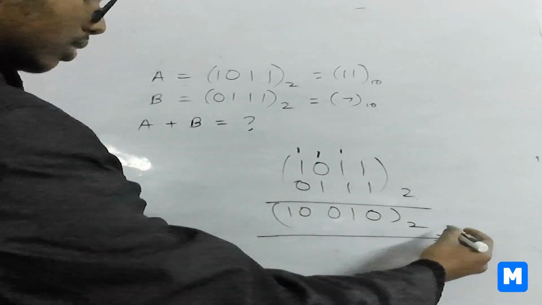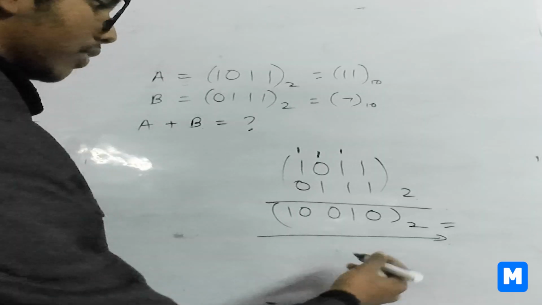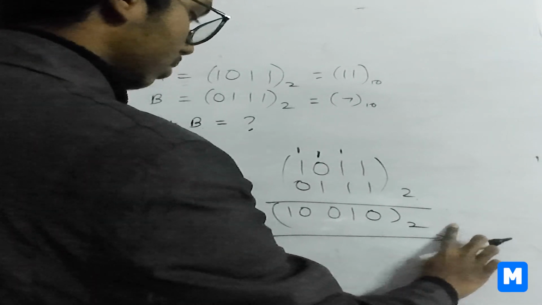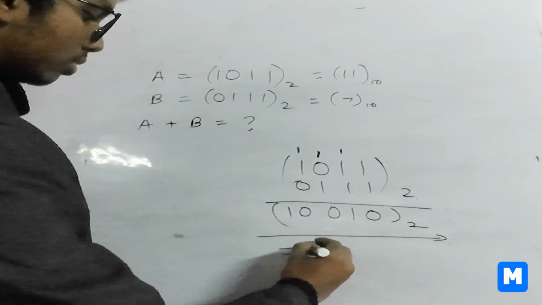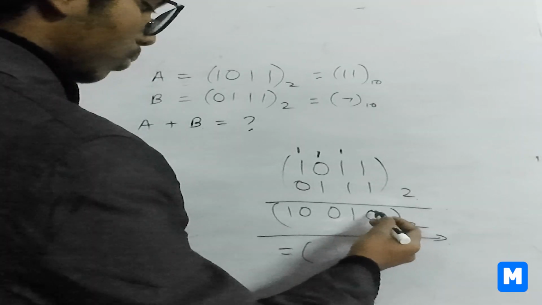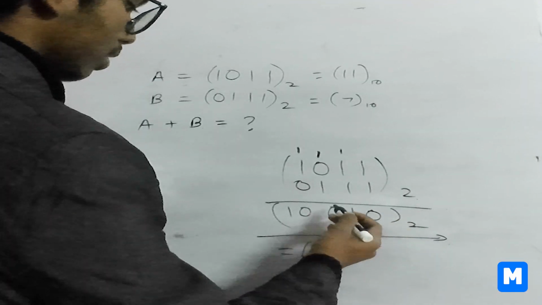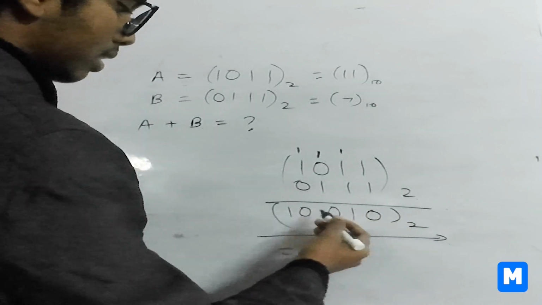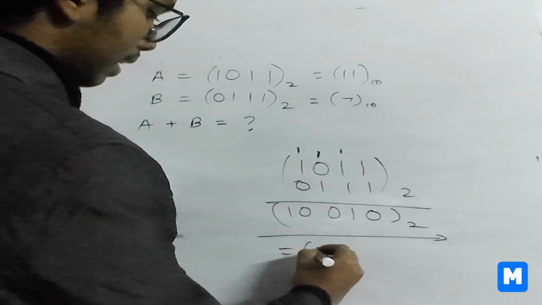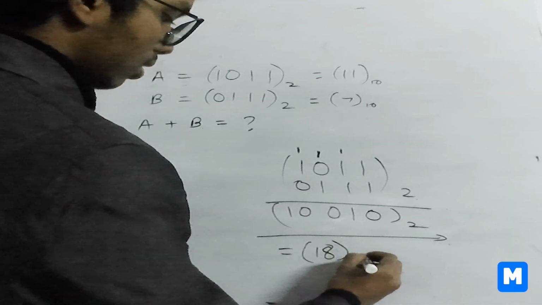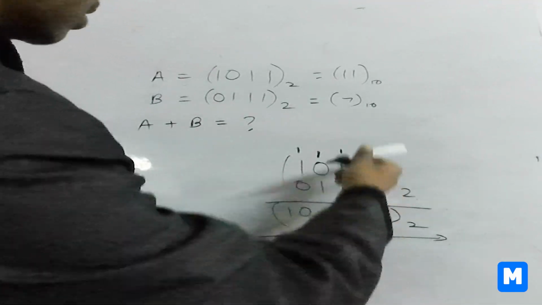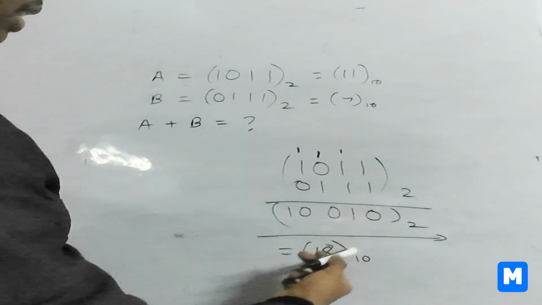I think we can convert this into the decimal system. I'll write it down here so that you can see. This is 1, this is 2, 4, 8, 16. So 16 plus 2 is 18 in the decimal system, which makes sense because 11 plus 7 is 18.